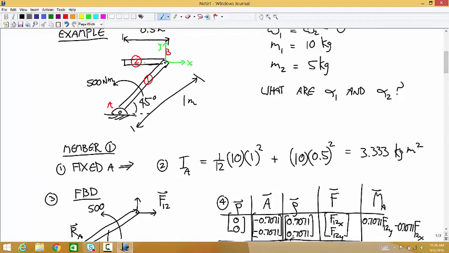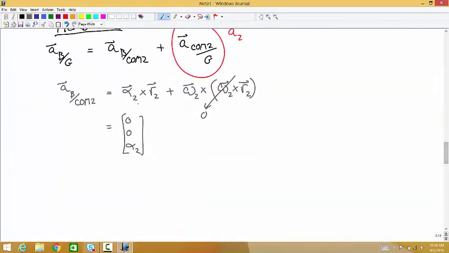So it goes from the center of mass, because whenever you're using circular motion for one of these relative motion terms, whatever you're doing it relative to is always going to be your start point for r. So we're going from the center of mass of 2 to B. Okay? So that's going to be positive 0.25, 0, 0. And so you get 0, positive 0.25 alpha 2, 0.